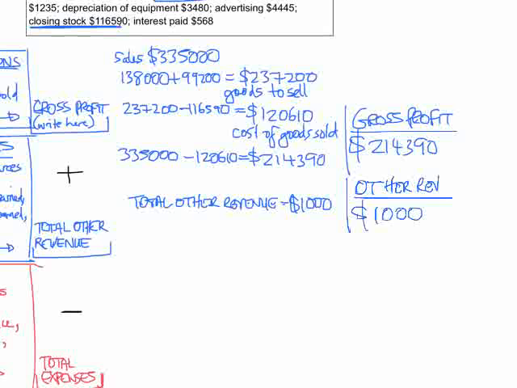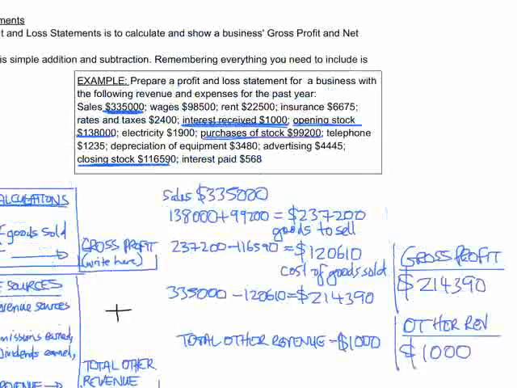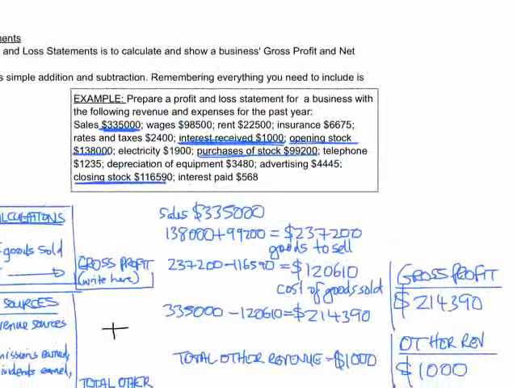Now we get to the expenses. So now you have to look at the example, the question, and work out what are the costs of the business. What does the business pay as expenses to keep itself running? The business pays wages to its workers, that's an expense. The business pays rent to stay at its location, that's an expense. They pay insurance, that's an expense. Rates and taxes, that's an expense. Those are all blue.